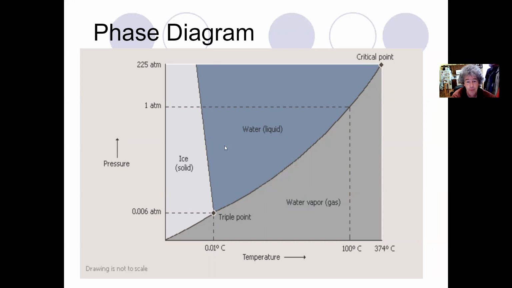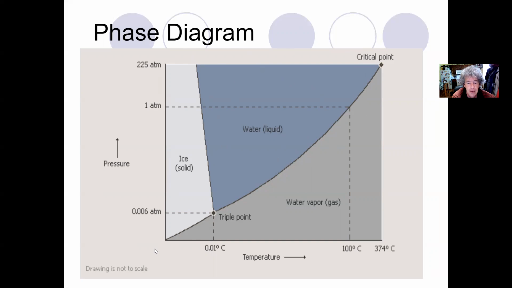So we get this kind of Y shape to it, where at low pressures, you tend to have a gaseous phase. At slightly higher pressures, but very cold temperatures, you'll have a solid. And in the middle here, with fairly significant pressure and moderate temperatures, you'll get a liquid. So most substances will display this kind of Y form.